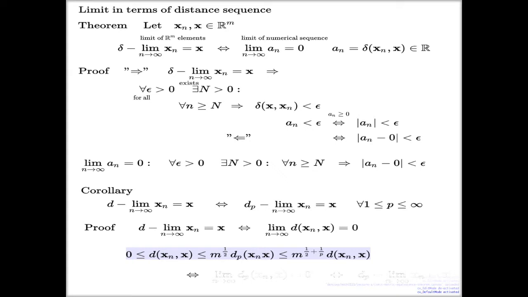And now I can use the sandwich principle because my dp number is squeezed between the two vanishing sequences with some factors, but the factors are independent. It's just a constant. And that's why I can say that the limit in d of the dp sequence is also 0. But now if I use my theorem again, this equivalence, in the reverse direction, then this is equivalent to the dp limit of a sequence.